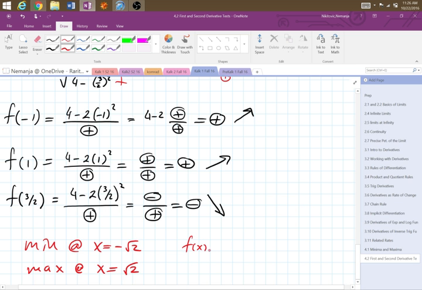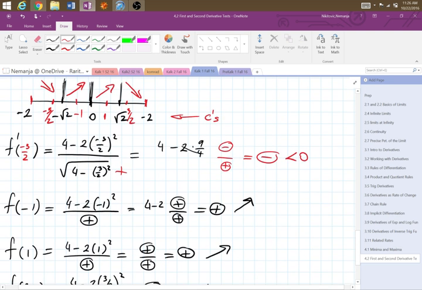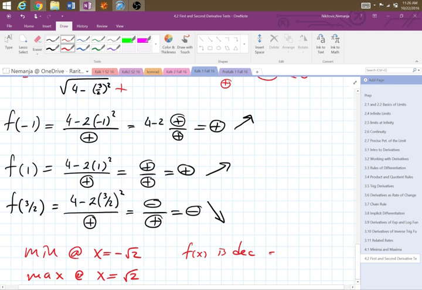The function f of x is decreasing on the interval negative 2 to negative root 2 union root 2 to 2, and f of x is increasing from negative root 2 to 0 union 0 to root 2.